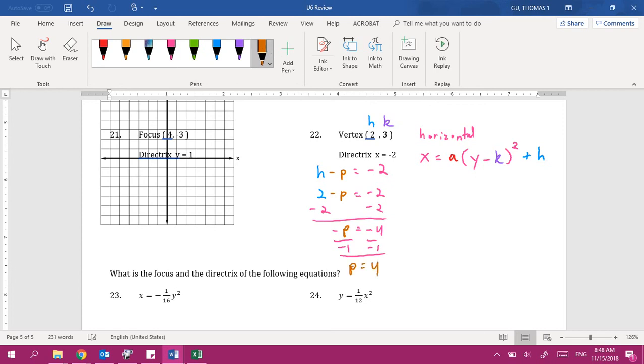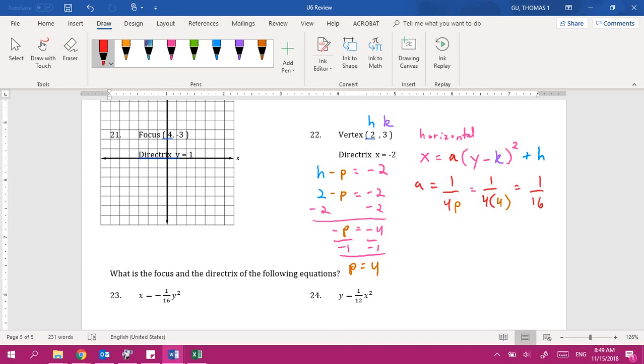So how can I use that information to find a? That's right. a equals 1/4p. So it's going to be equals 1/4 times 4. So what is a? 1/16. So now you have everything you need to write your equation.